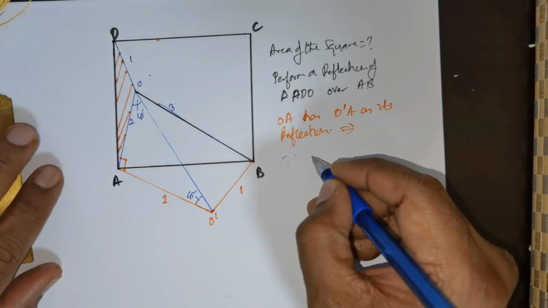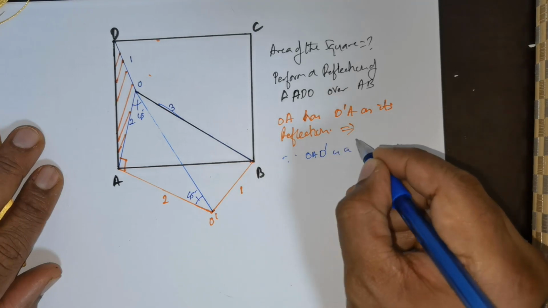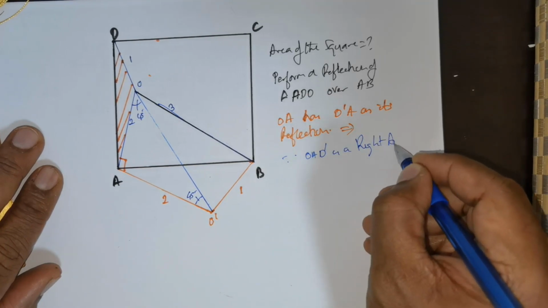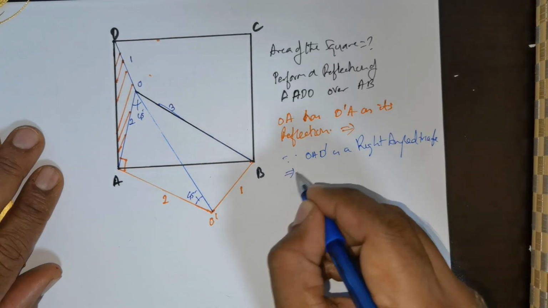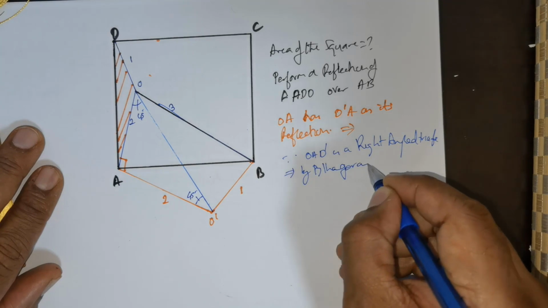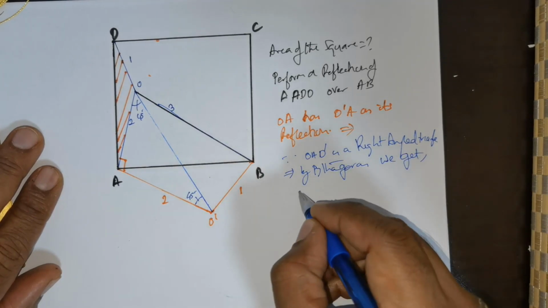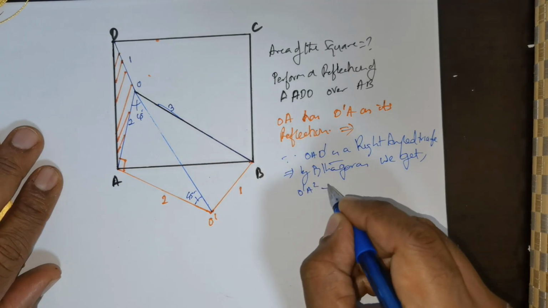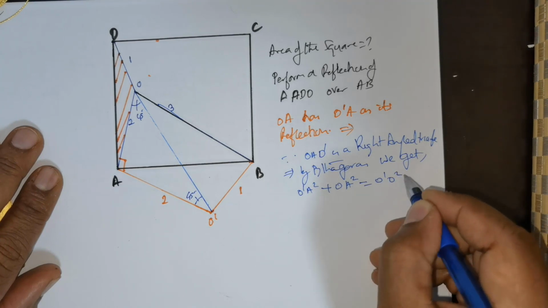Now since OAO dash is a right angle triangle, this implies by Pythagoras, what do we get? O dash A squared plus OA squared is equal to O dash O squared.